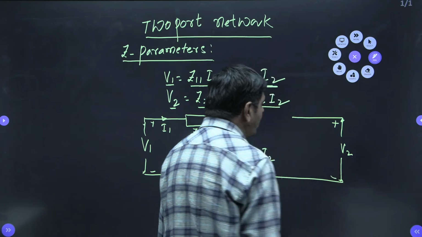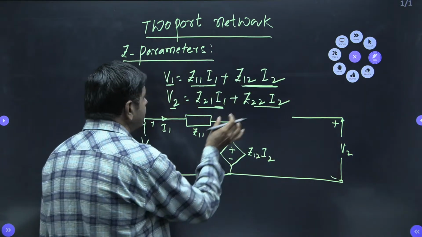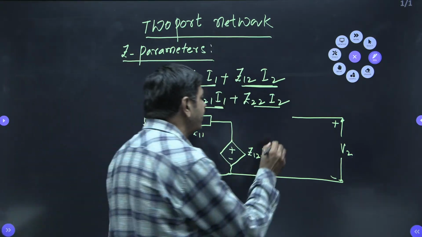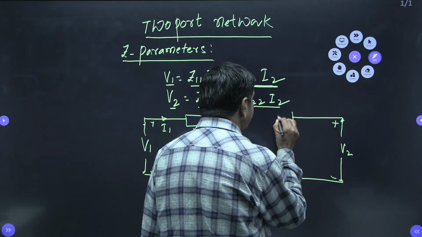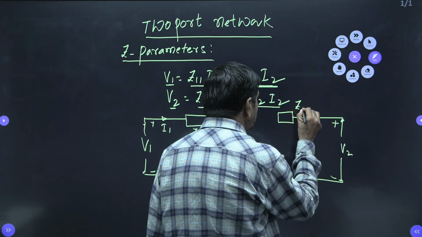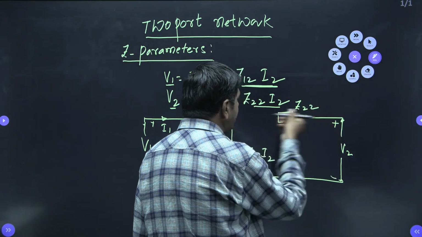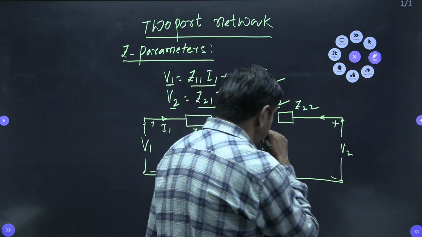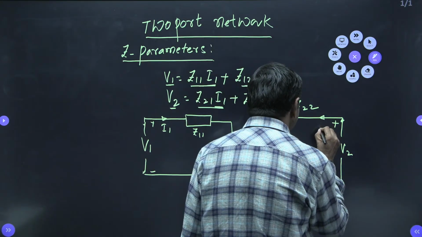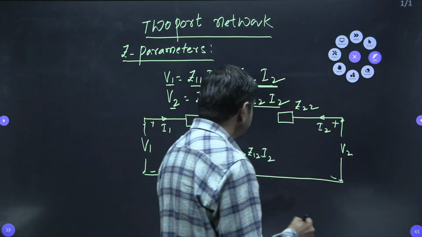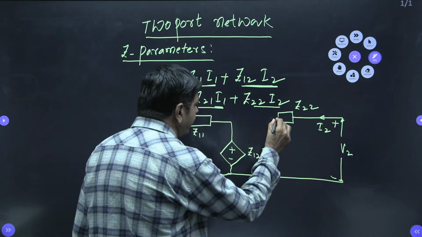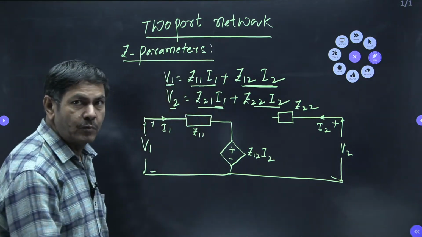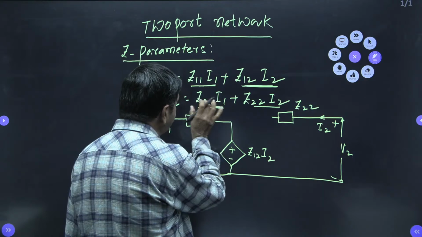This V2 equals what? Z22 into I2. I can put Z22 here like this. What current is passing through this element? I wish to take this current as I2 only. And the next parameter is Z21 into I1. One more voltage I got, Z21 into I1.